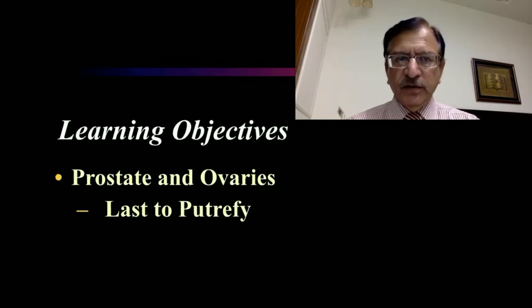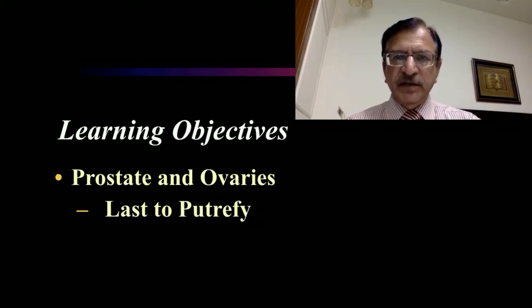Then the prostate and ovaries are last to putrefy because they are more fibrous structures, and they help in identity, especially in extensively mutilated remains, as these organs are at a safe place within the pelvis.